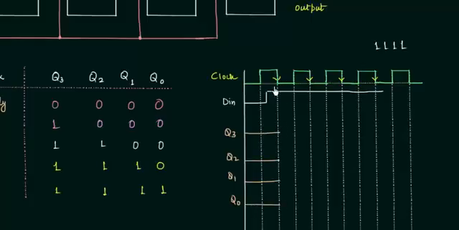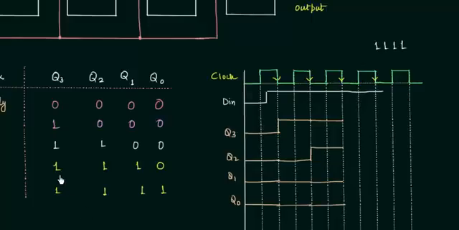For the first falling edge, you can see Q3 is high, whereas Q2, Q1, and Q0 are low. For the second falling edge, Q3 is high, Q2 is also high, Q1 is 0, and Q0 is also 0.